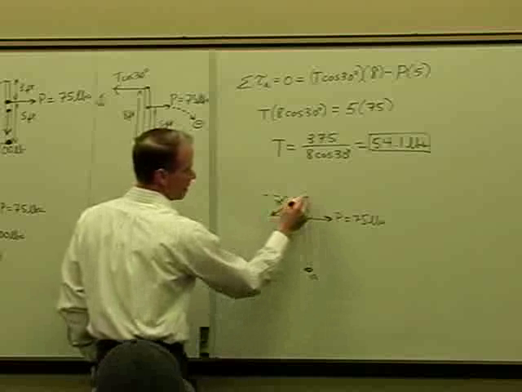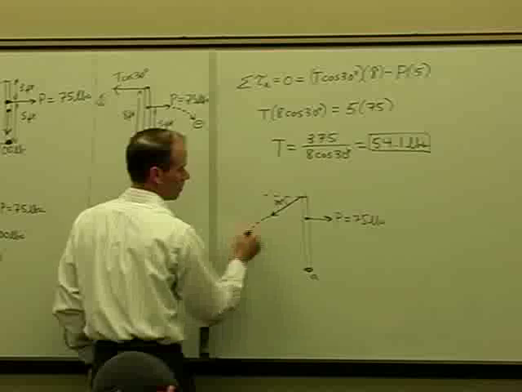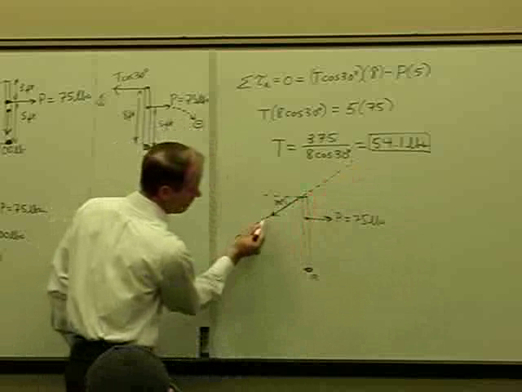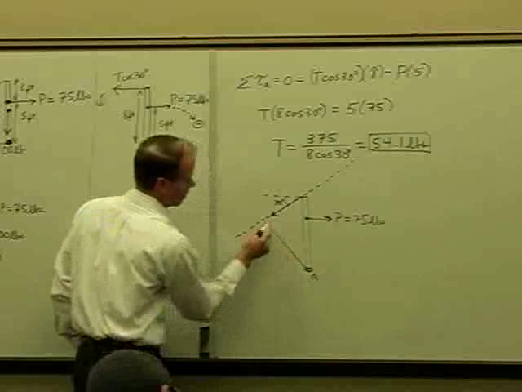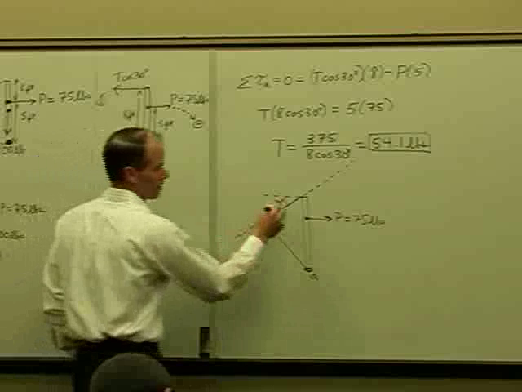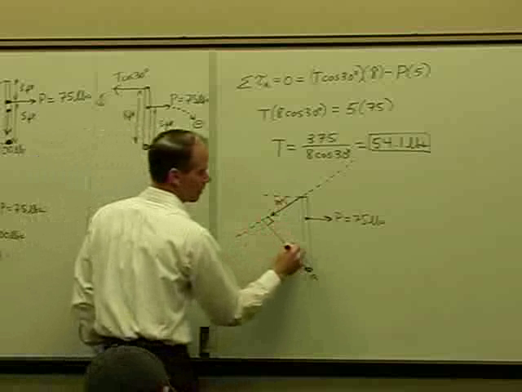And so if I just extended that line of action, found the shortest distance to that line of action, such that it was perpendicular to that, this would be a 30-degree angle.